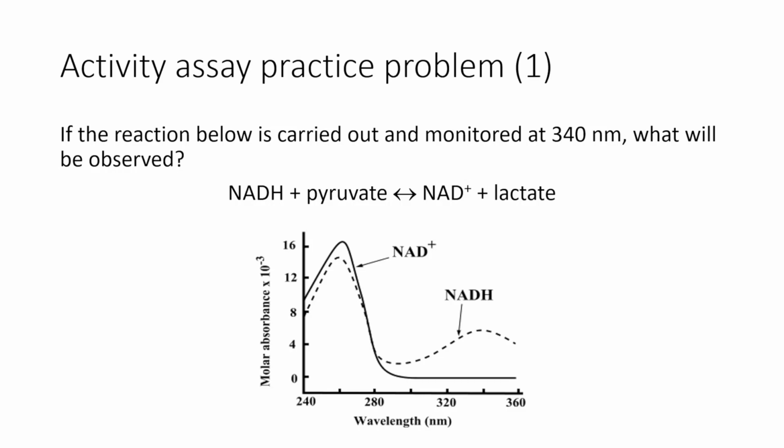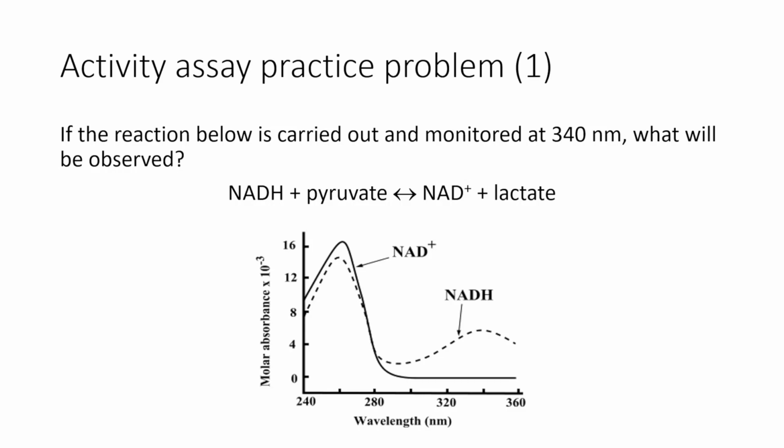Some of you who are in the lab class might be familiar with this reaction, which is carried out by the enzyme LDH, lactate dehydrogenase. In this reaction, we have NADH and pyruvate that are converted into NAD plus and lactate.